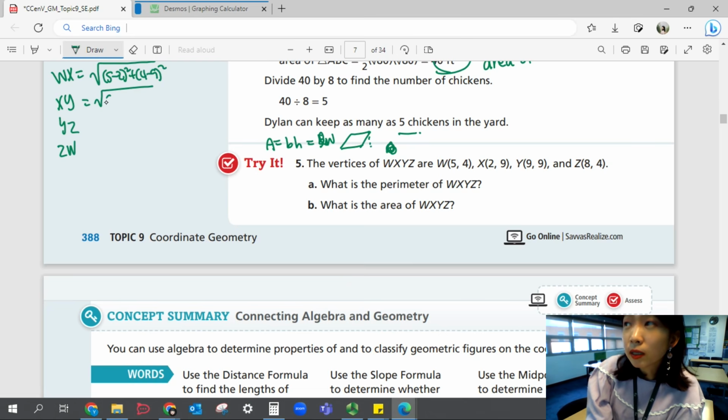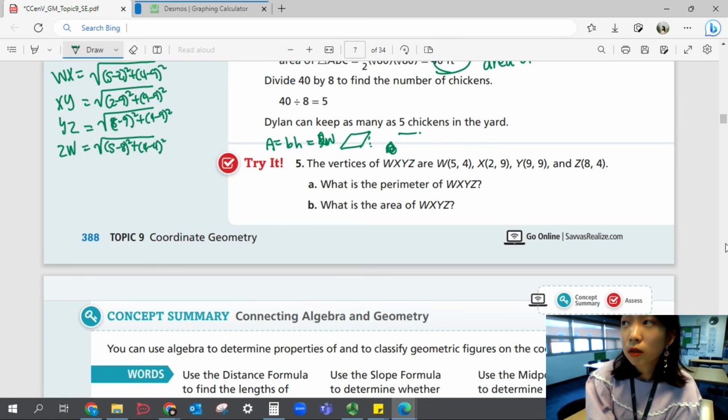XY is going to be 2 minus 9 squared plus 9 minus 9 squared. YZ, 8 minus 9 squared plus 4 minus 9 squared, and ZW, 5 minus 8 squared plus 4 minus 4 squared.